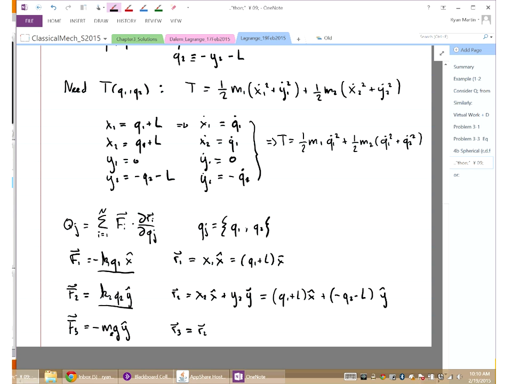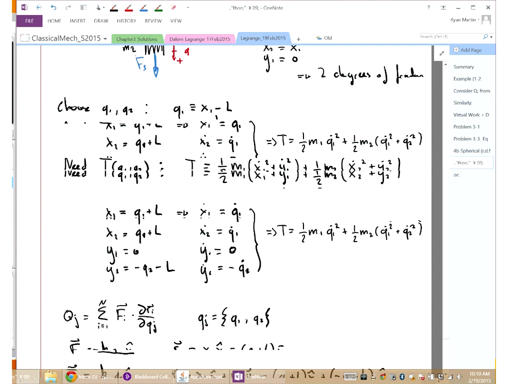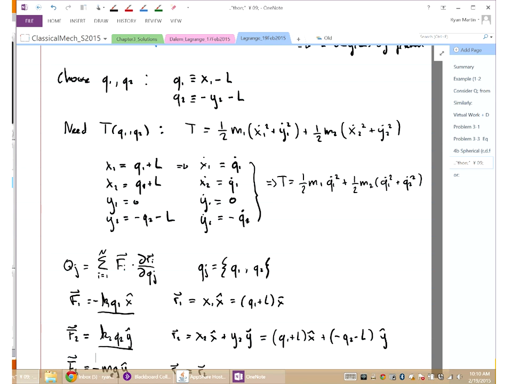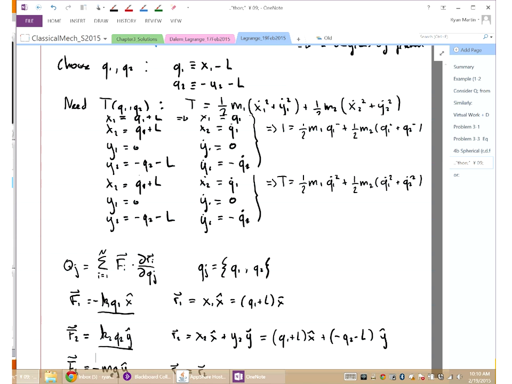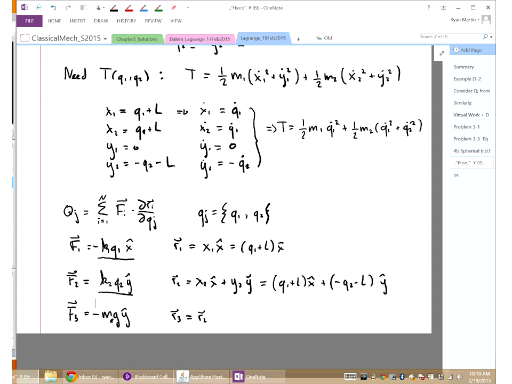But if the spring is compressed, then Q2 is actually a negative number, and F2 would be pointing downwards. So it does work out. But I made it so that I wouldn't have to think about it when the springs are in extension. But it's very easy to mix up. In fact, the first time I did it, I screwed up the signs as well.